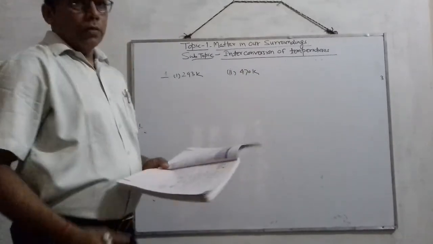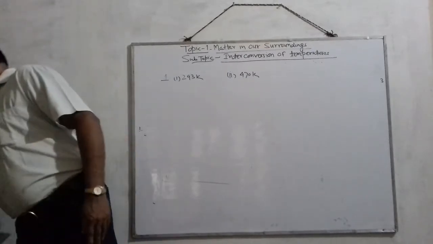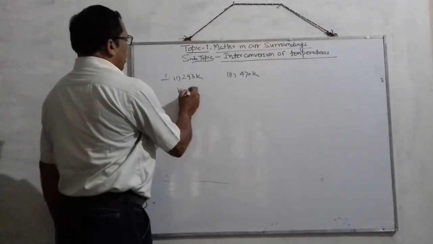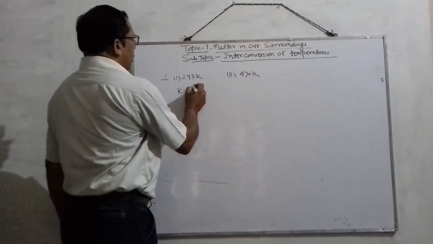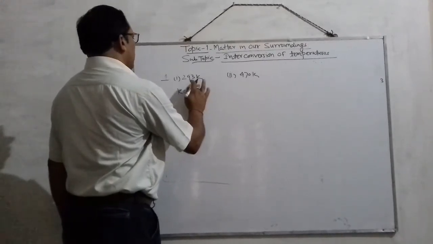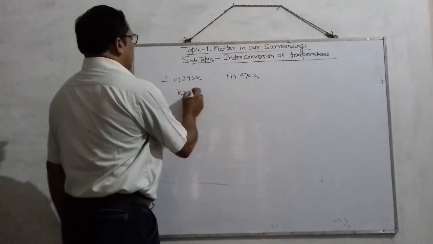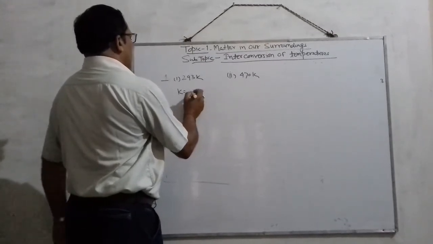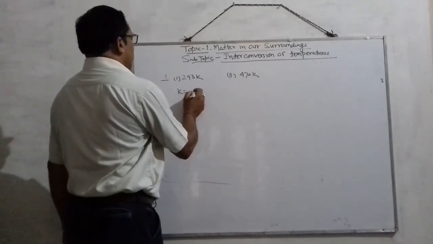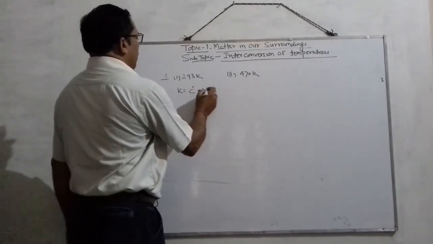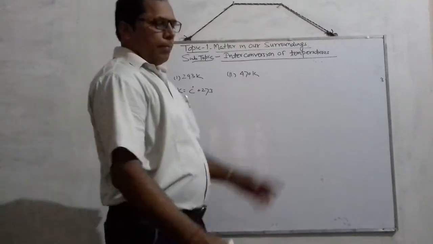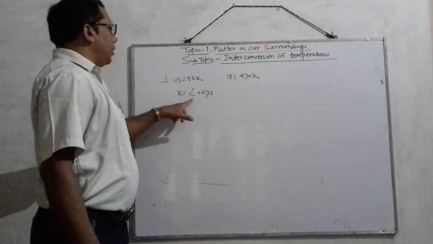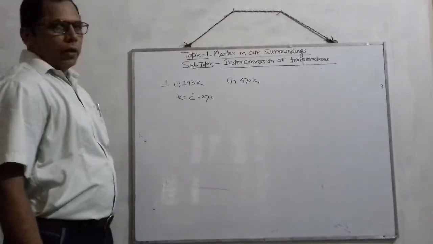Okay, so you know that Kelvin is equal to degree Celsius plus 273. The question is to convert this Kelvin into the centigrade or Celsius scale.